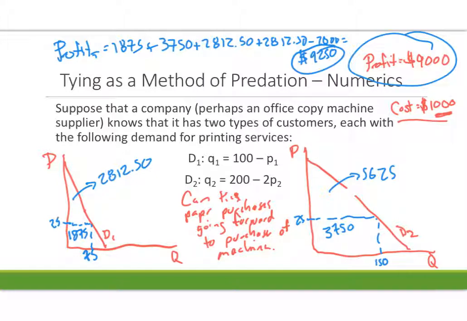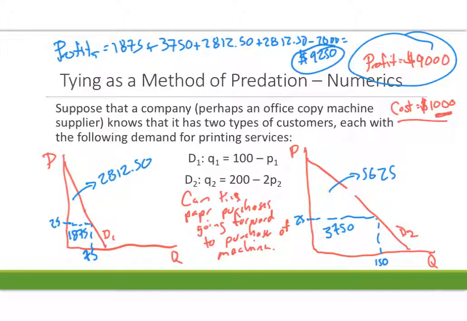So it should bear some resemblance and seem a little bit similar to what we were talking about with two-part pricing. They're tying the future sale to the current purchase, and by doing that they overcharge for the future sale. So they overcharge for the paper and the toner, not the printer but all the supplies, and they charge less when you buy the printer because they know they're going to extract some of that money going forward.